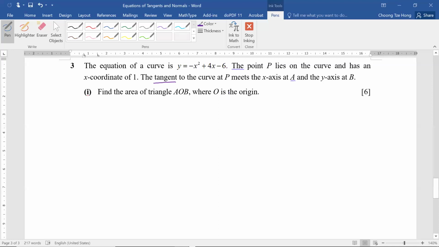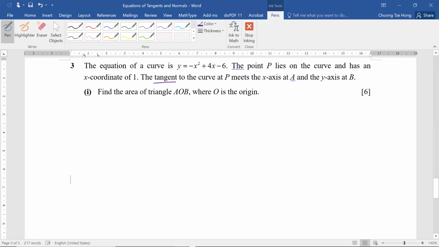Now our first objective will be to find the equation of the tangent. To find the equation of a line, we need to know two things: the coordinates of one of the points that the line passes through, and the gradient of that line. Both of these we can find.